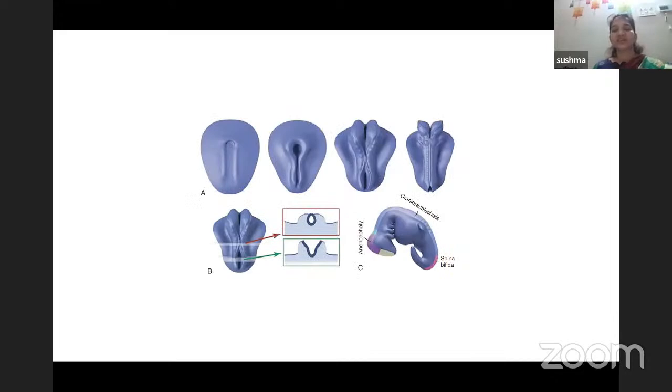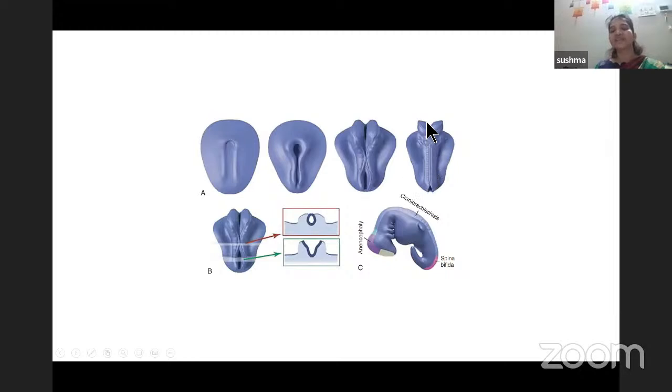And this slide, I think I kept it for anencephaly. So this is anencephaly, the formation of the neural tube. This is the fetal pole that we have. So initially the neural tube is formed, two neural folds are seen on either side. These two neural folds fuse in the center and they close cranially and caudally.